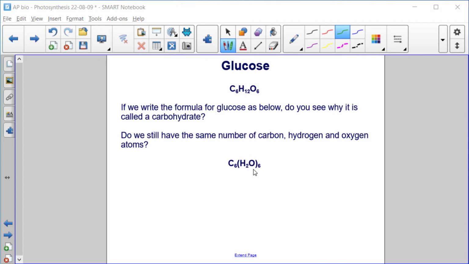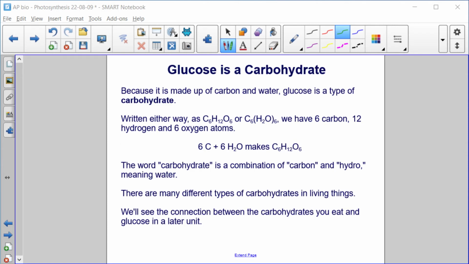So we still have the same number of carbons. We have 6 carbons, 12 hydrogens, and 6 oxygens. So it's the same molecule. But what this is showing is that we have carbon and waters, right? Carbohydrate is where that comes from. Because it is made up of carbon and water, glucose is a type of carbohydrate.